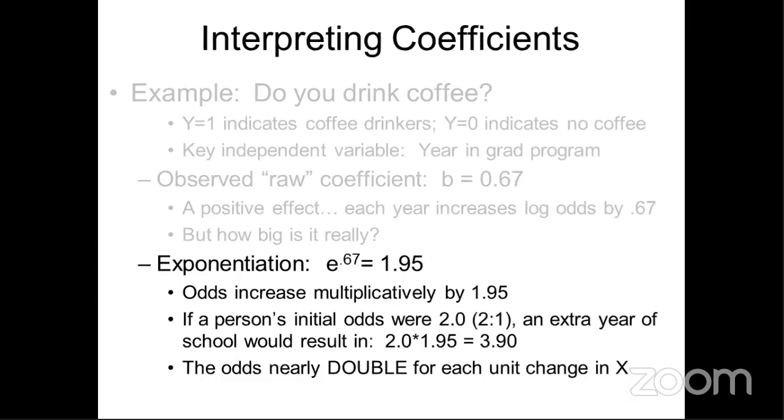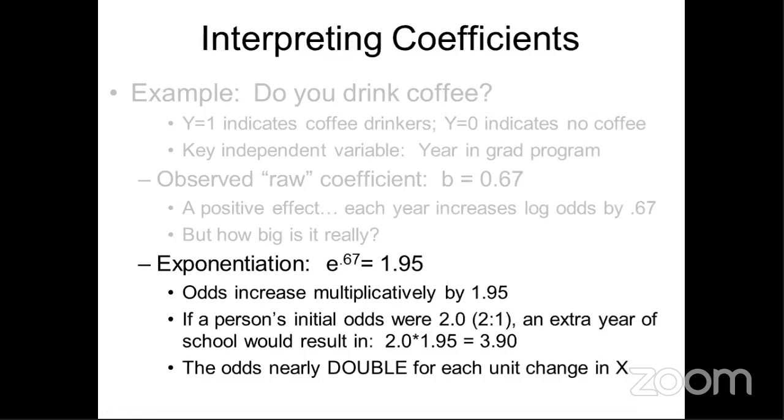You use that e to the power x and you will get 1.95 for 0.67. So now odds increase multiplicatively by 1.95. If the initial odds were 2, for example, so then it is 2:1, an extra year of school would result in almost 4 times the odds of drinking coffee.